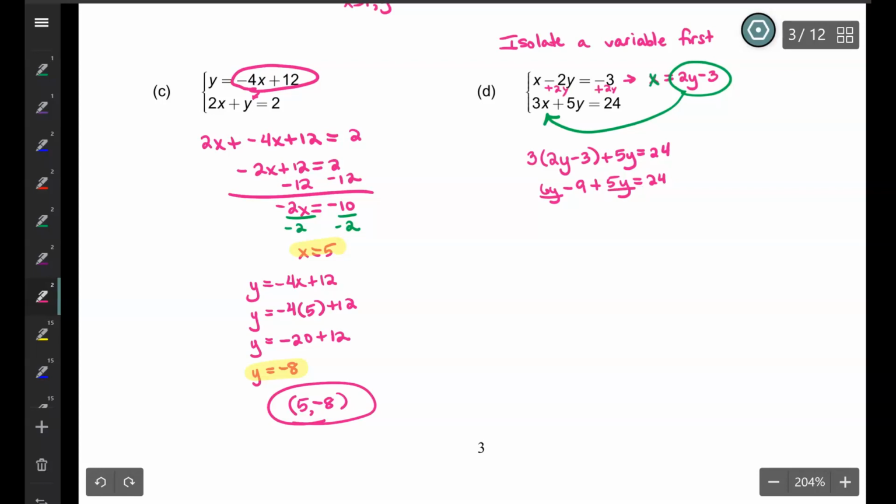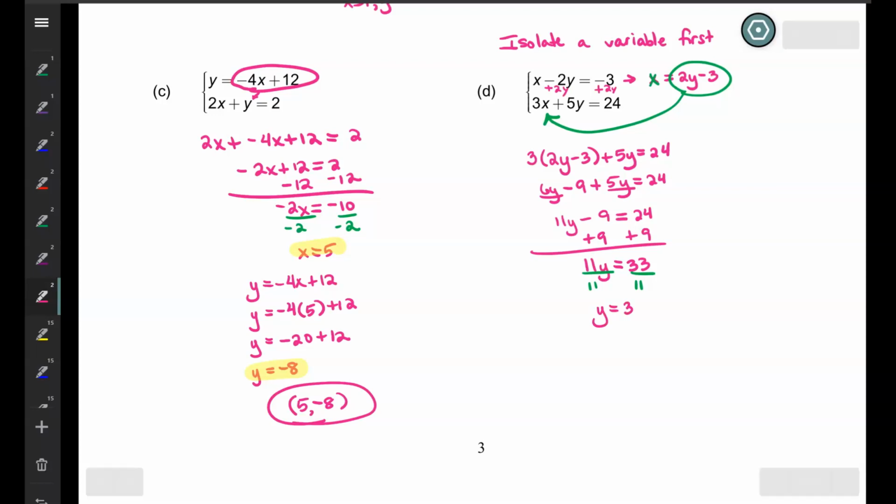I'm going to combine those, and we're going to add 9 to both sides. So I get 11y equals 33. Divide both sides by 11, and we get y equals 3.